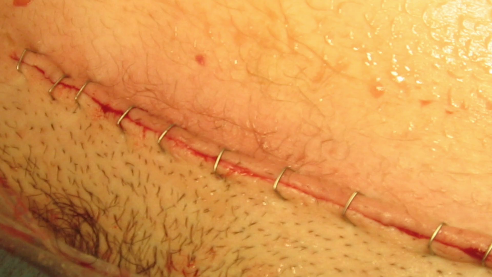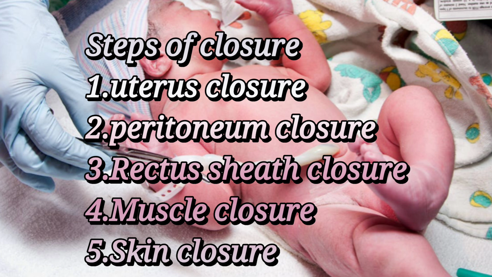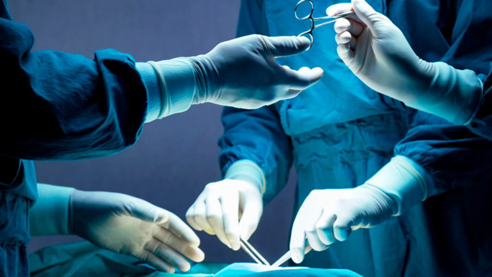This is the simple step for suturing: the uterus first, secondly peritoneum, third rectus and muscle, and finally skin. To remember easily, I will tell a simple trick. When starting the procedure, we start with the skin incision and end with the uterus incision. After the baby comes out, we start with the uterus closing and end with the skin closing.